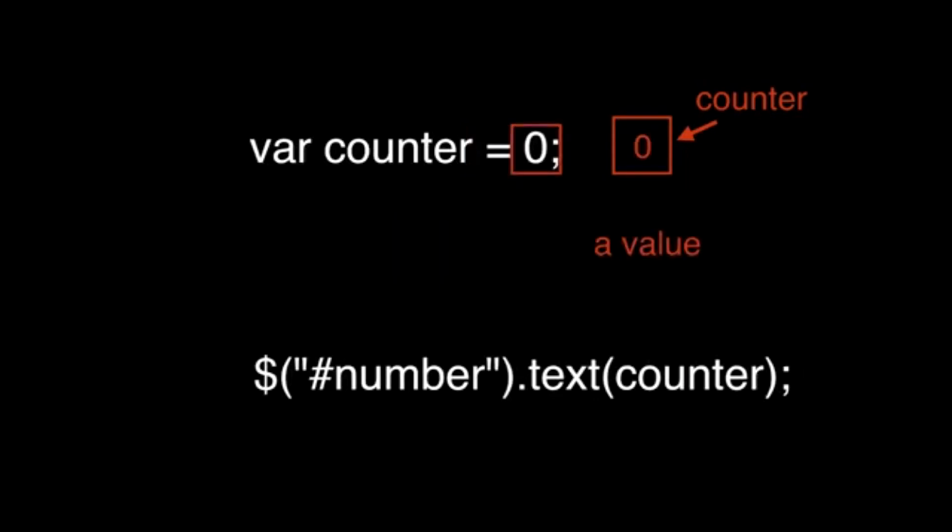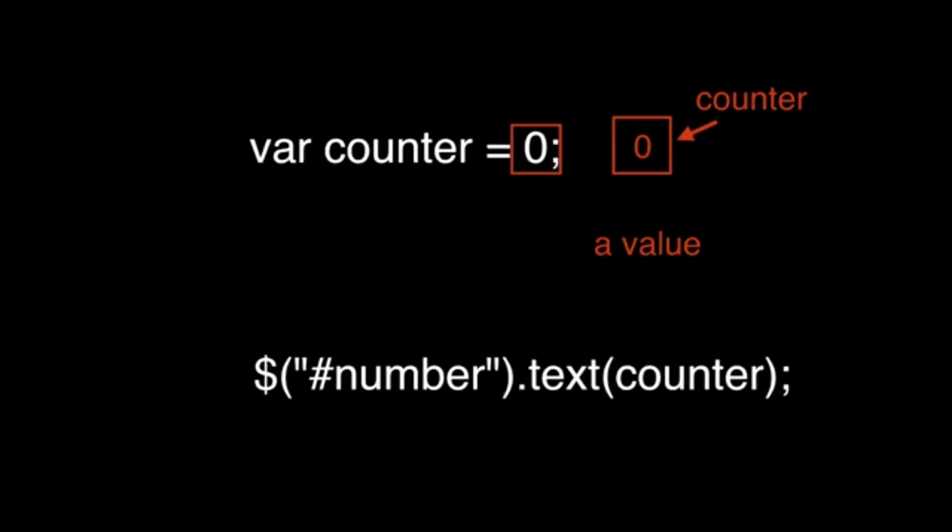It means we're setting counter equal to 0. Counter becomes equal to 0. And we have to set it to a value, and this value is 0, or could be 1, or any value we like, really. So that last bit, equals 0, is putting a value into our little box. So we've got a box with a name and a value in it, and that defines our variable.